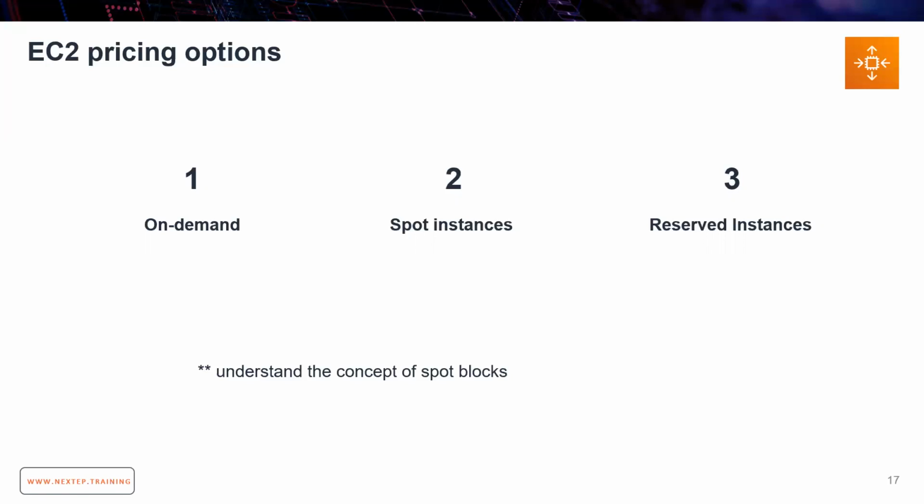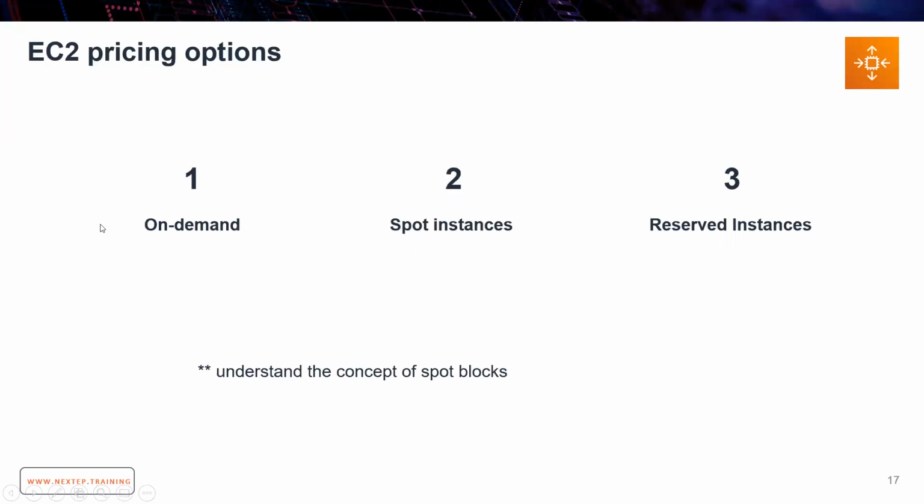So spot instances. See, in the reserved instances, you are committing for 1 year or 3 years, and your discounts are based on how long you are committing to AWS. Here, you are not committing to AWS at all.